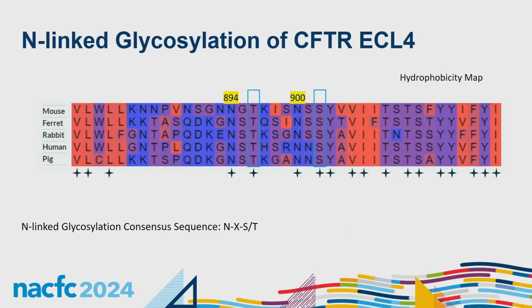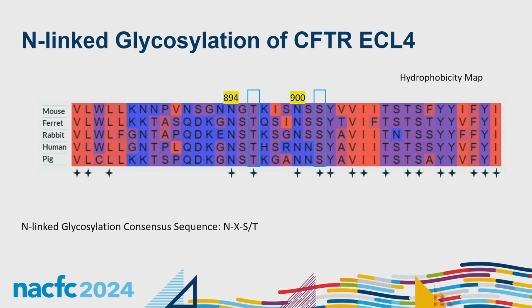But other than these things, there's an important feature of the ECL4. It has two N-linked glycosylation sites, asparagine 894 and asparagine 900. Because of these N-linked glycosylations, CFTR usually appears bigger on the protein gel.